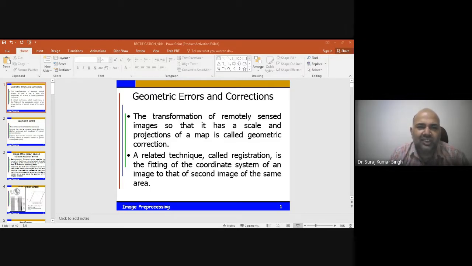There is a table that states the total RMS error. The RMS error of each point, that is points 1, 2, 3, 4, which are the ground control points that have been used, is less than 1. So that can be accepted, because if the error is less than 1, they are more or less beneath the threshold.